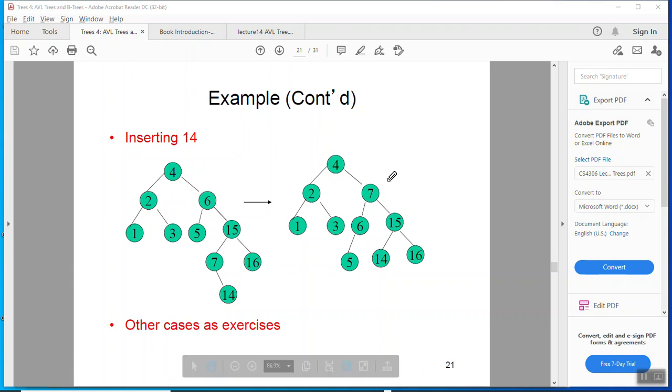Okay, we see that the problem occurred here, on this side. So this balance factor is 1 minus 3, that means the balance factor is negative 2. That is not allowed for an AVL tree.